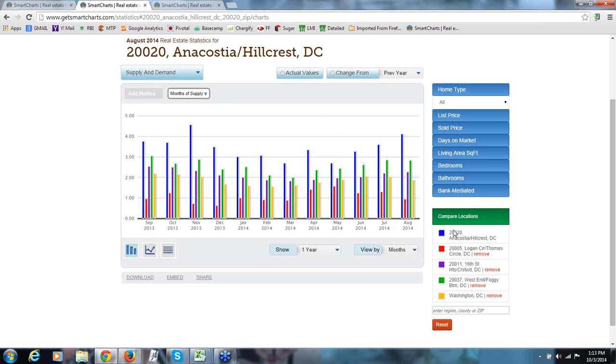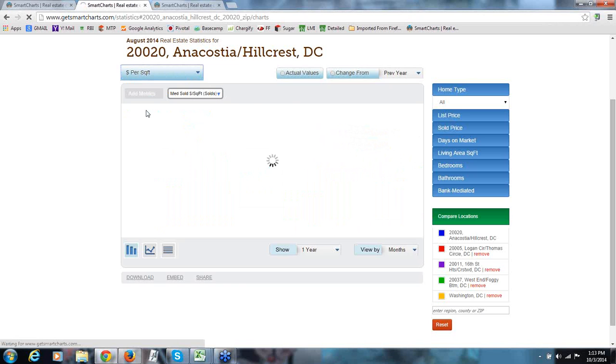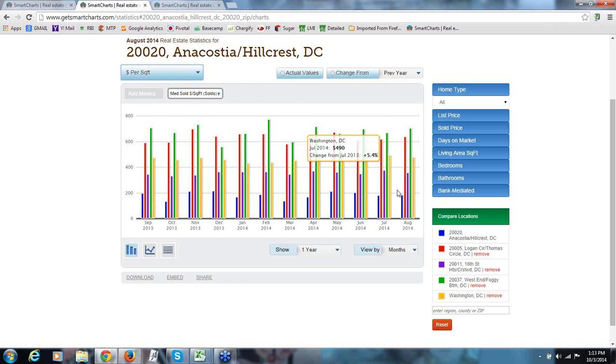And if we change these high appreciating zip codes to look at price per square foot, we can see that this is a much more affordable place to live than the district at large and these other high appreciating zip codes.